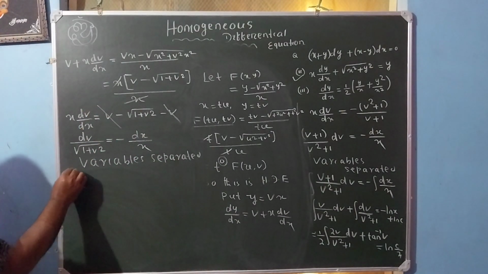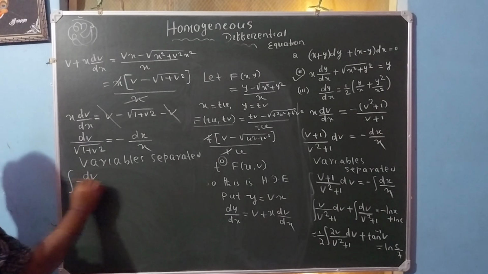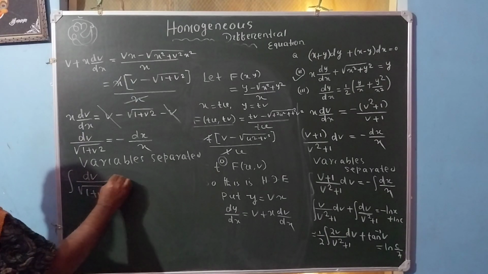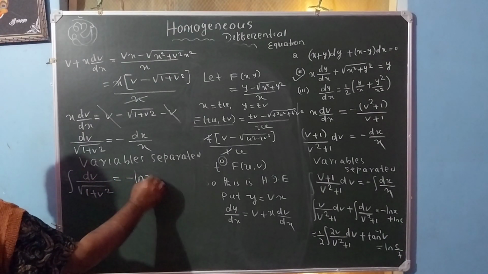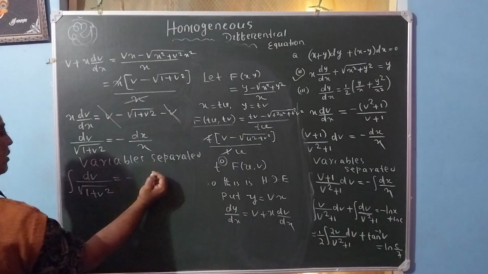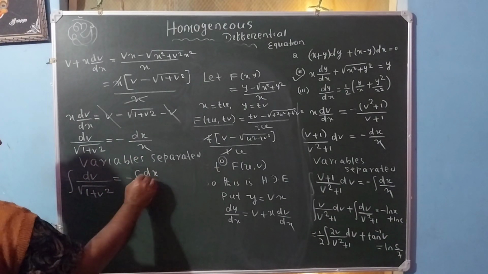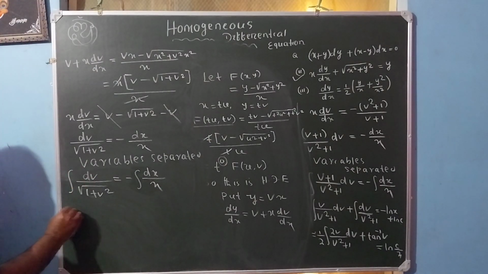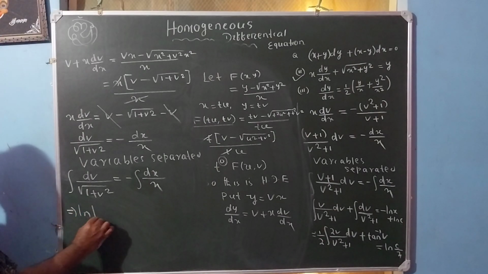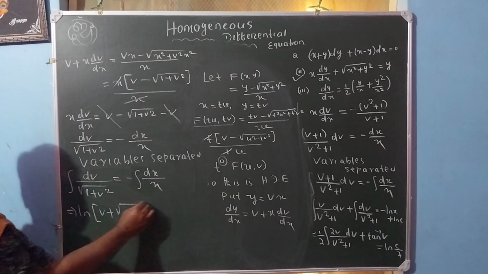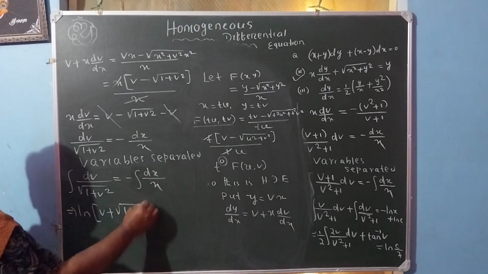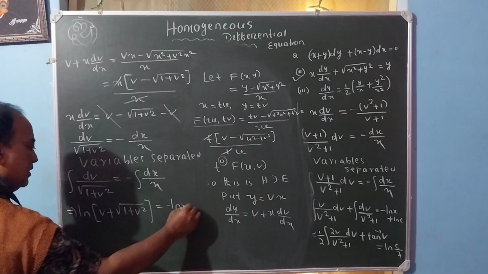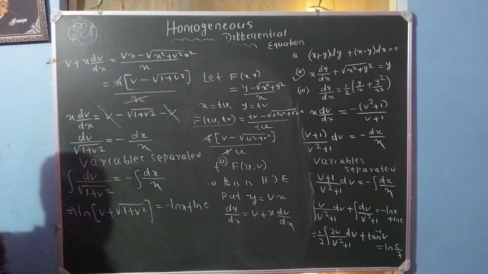Integrating on both sides, the integral of dv by root of 1 plus v square is equal to minus the integral of dx by x. So this integral value will be ln of v plus root of 1 plus v square, is equal to minus ln x plus ln c.